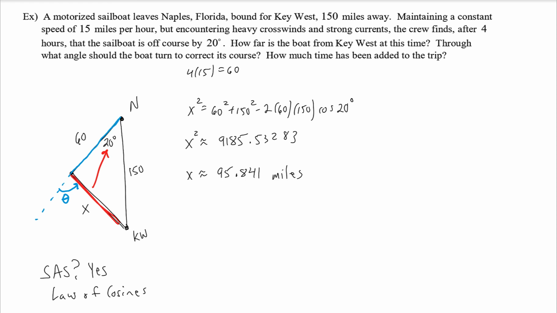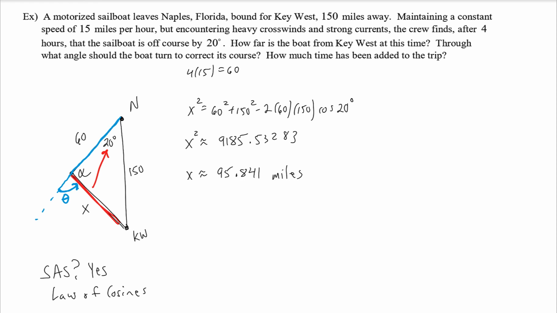The boat's traveling along. Boats don't just stop and turn. You have to swing the front end around. That front end of the boat's got to swing to point it the correct direction. So I need this exterior angle, theta. Well, let's go find this angle, alpha. Let's go find that interior angle.